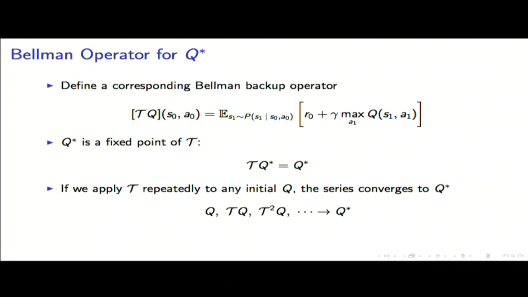So we've got Q pi, the Q function of a fixed policy, and Q star, the Q function of the optimal policy. We've got the Q pi Bellman equation and the Q star Bellman equation, and the backup operator that Q pi should be a fixed point of, and the other backup operator that Q star should be a fixed point of.